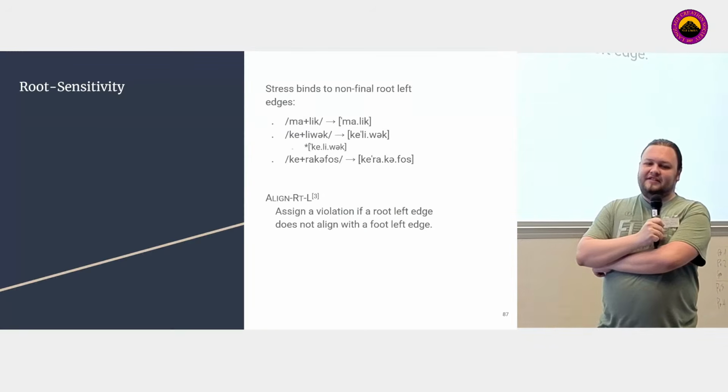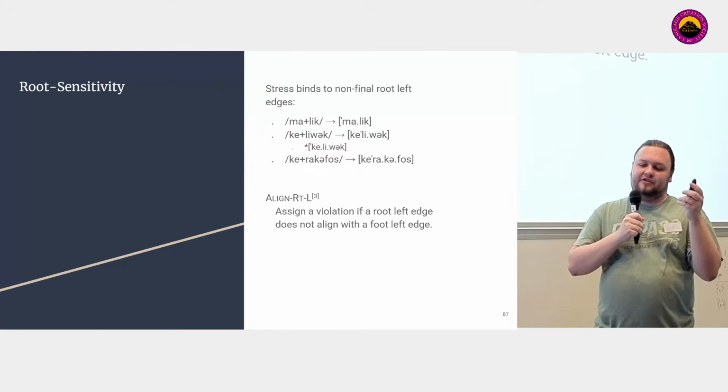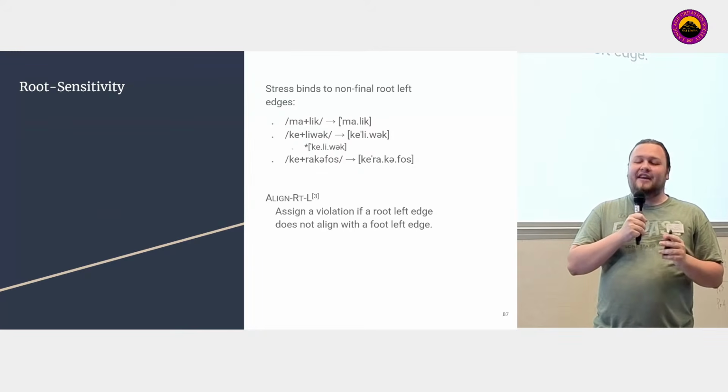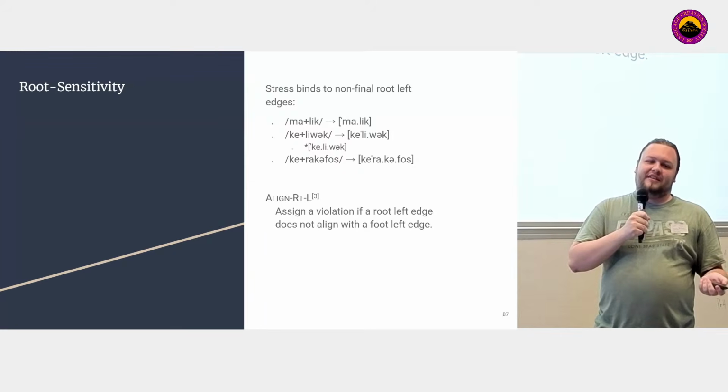Next, there is root sensitivity. For this, I adopt align root left, which works similar to all foot left. It just wants to make sure that there's a foot, the right edge of which aligns with the right edge of the root itself, ignoring any prefixes.